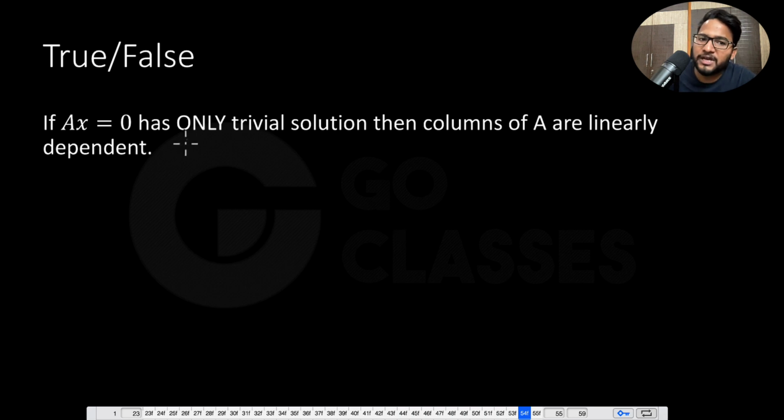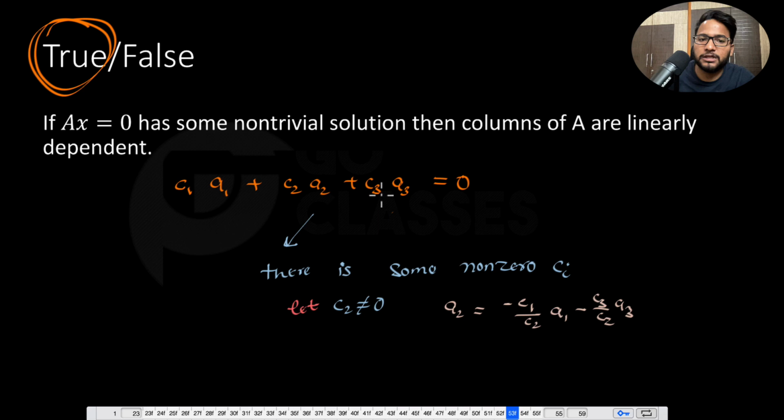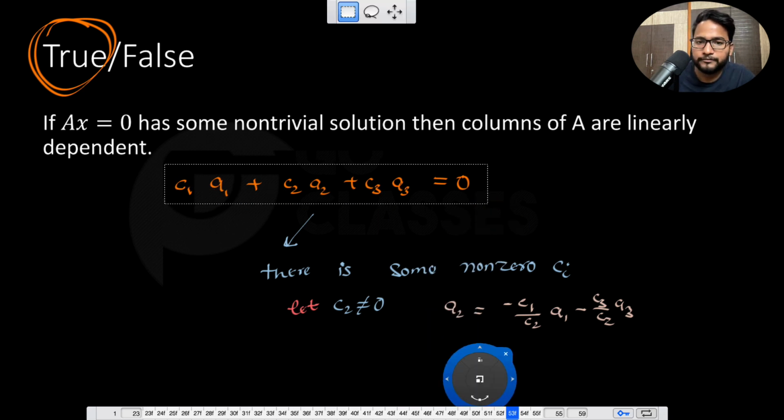Suppose they say that if Ax equal to 0 has only trivial solution, which means they are giving that only trivial solution exists, there is no non-trivial solution, which means this equation that we have just talked about has only trivial solutions, right?